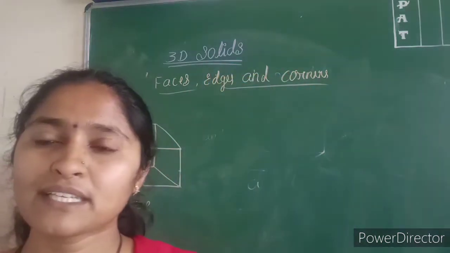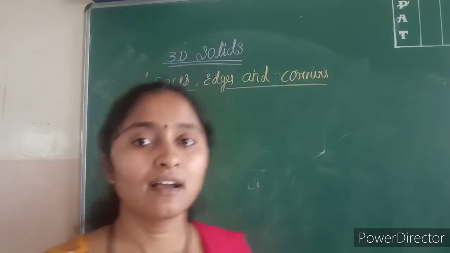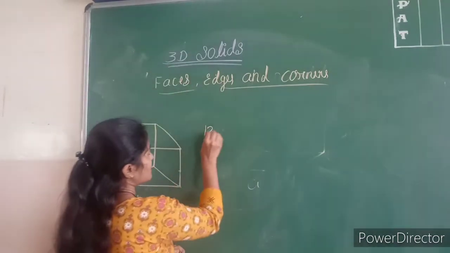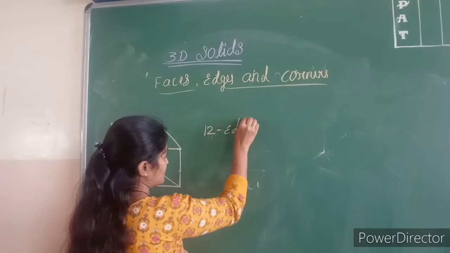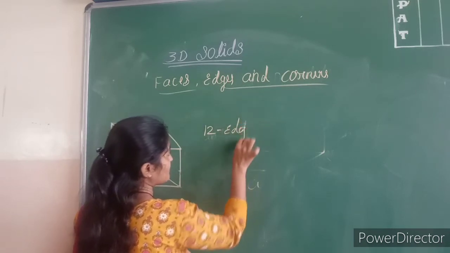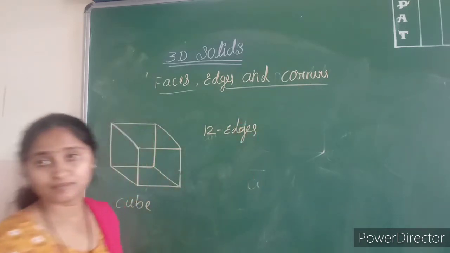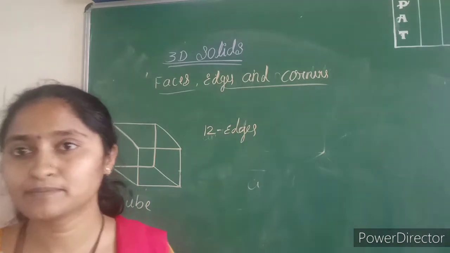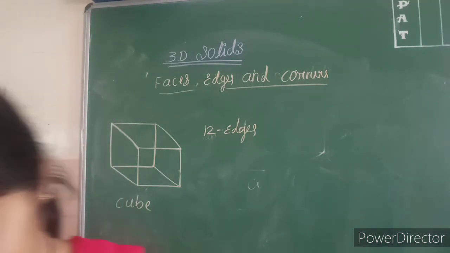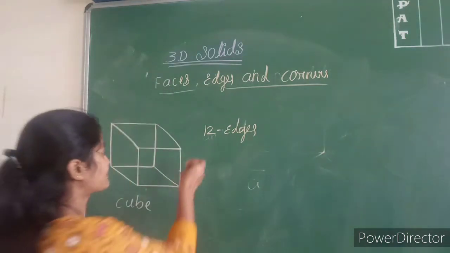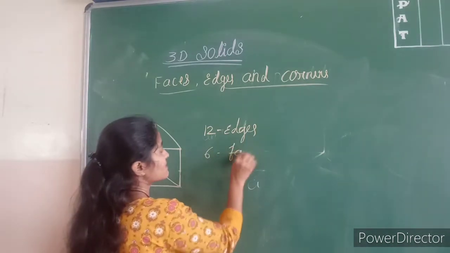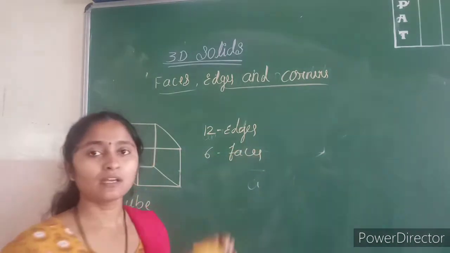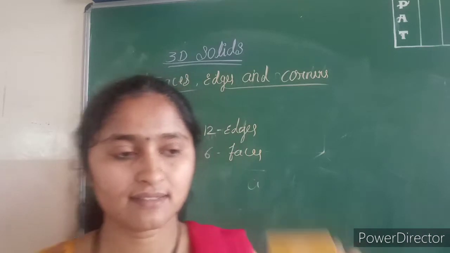So in total, how many edges? A cube has 12 edges. And how many faces, students? It has 6 faces. Now we'll count how many corners it has.